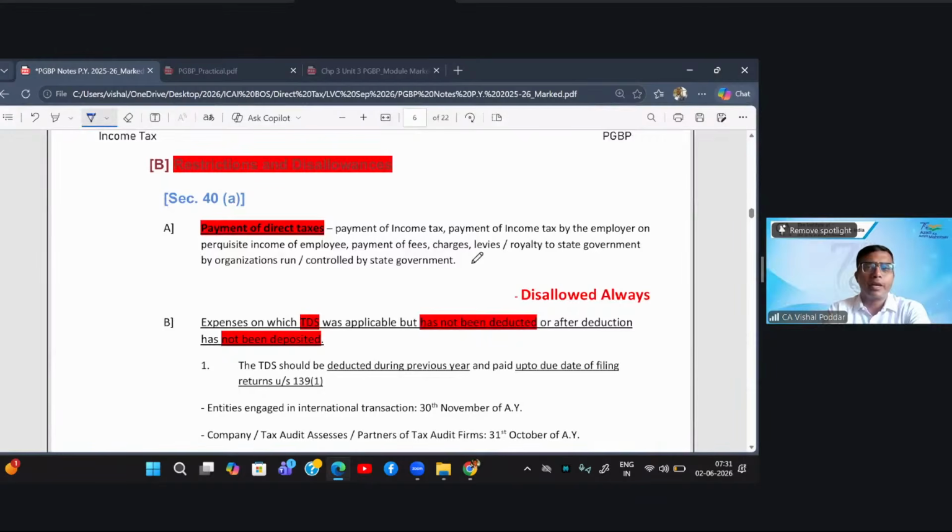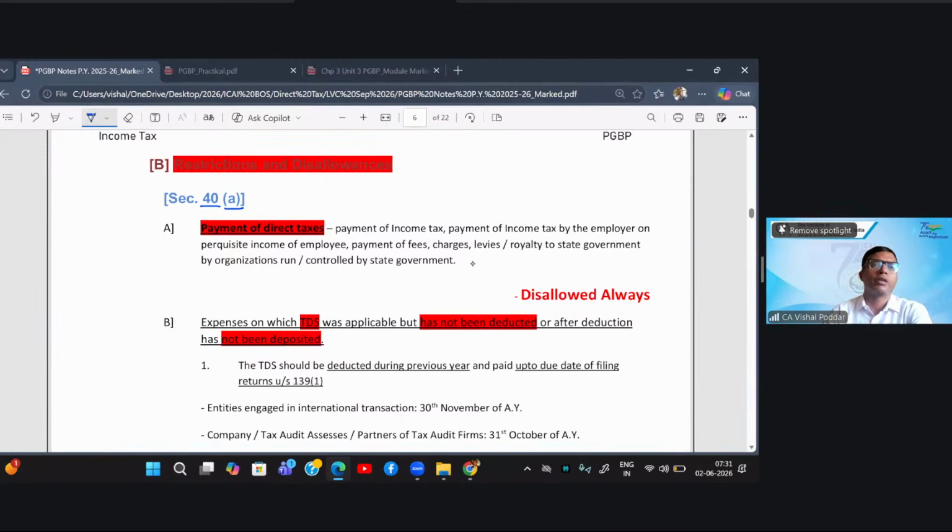So in this, the very first restriction is given under section 40(a). Now, whenever small a, b, c, d is given, you will read it as a clause. Generally, we always call the first bracket a subsection, but you should remember that it is not always compulsory that the first bracket will be a subsection only.